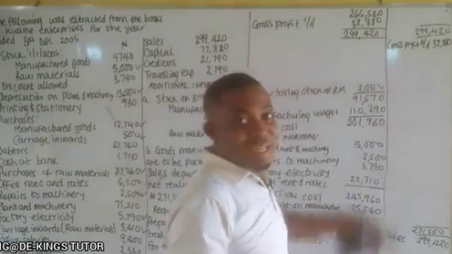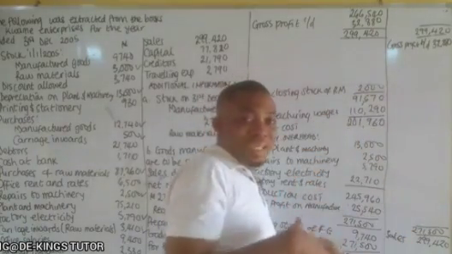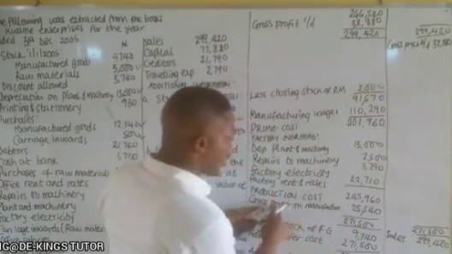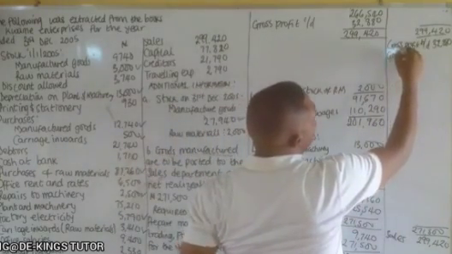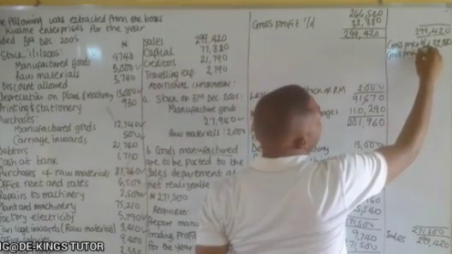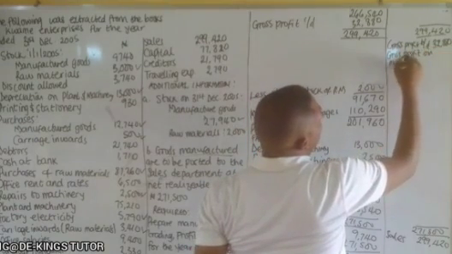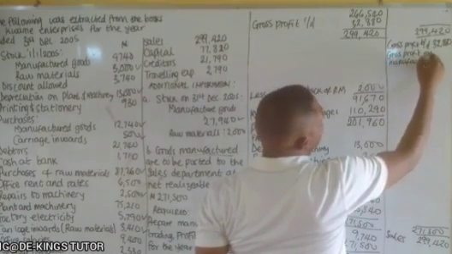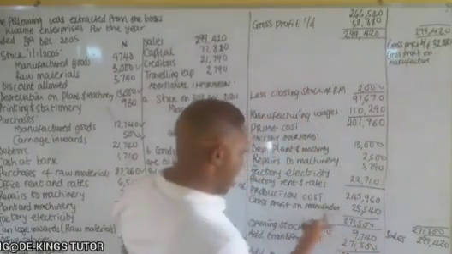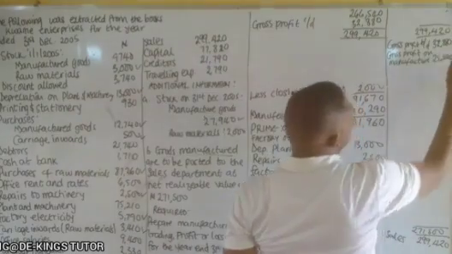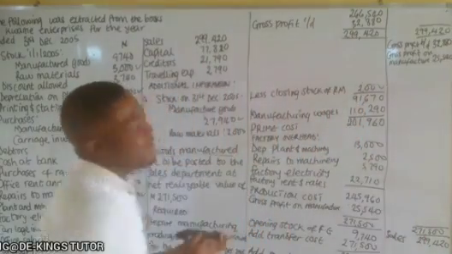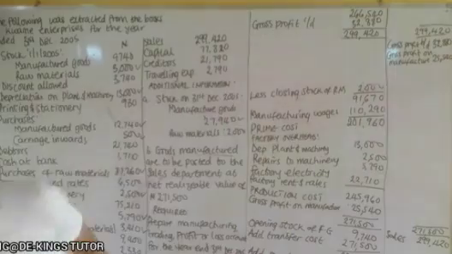This is for trading. Now the gross profit on manufactured is an income to them. So look at it here. Gross profit on manufactured will be brought down here also. Gross profit on manufacturing account as 25,540.